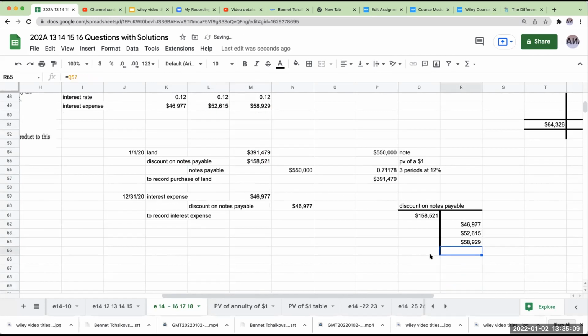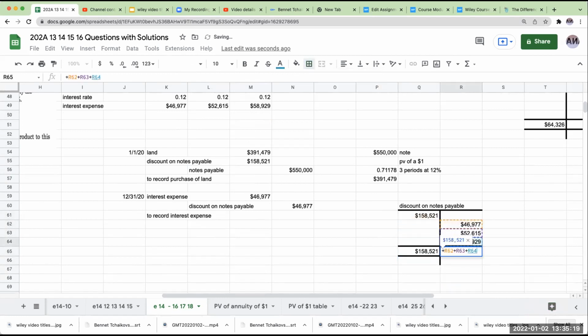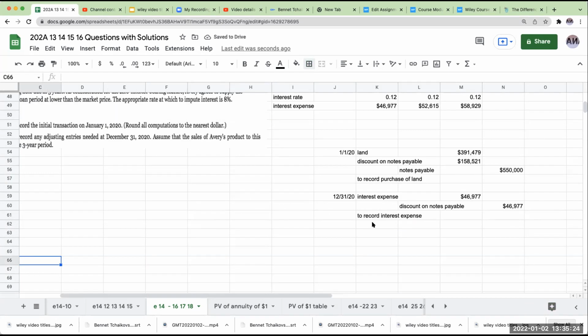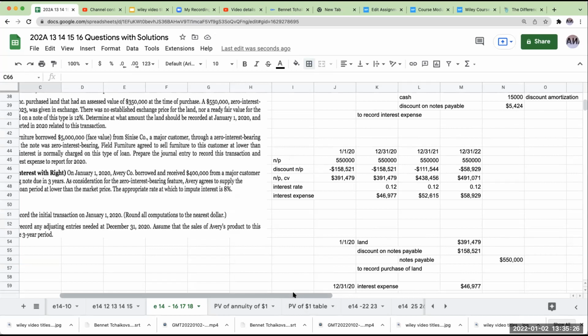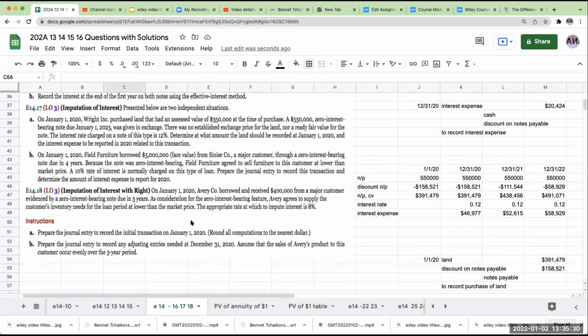As we can see, by the time we are ready to pay off this note at the end of the third year, this discount on notes payable has been fully amortized. So that's how we go through and record it. Remember, if I see something that's 0 interest bearing, that's a load of malarkey. There's no such thing as free interest. We have to impute interest.